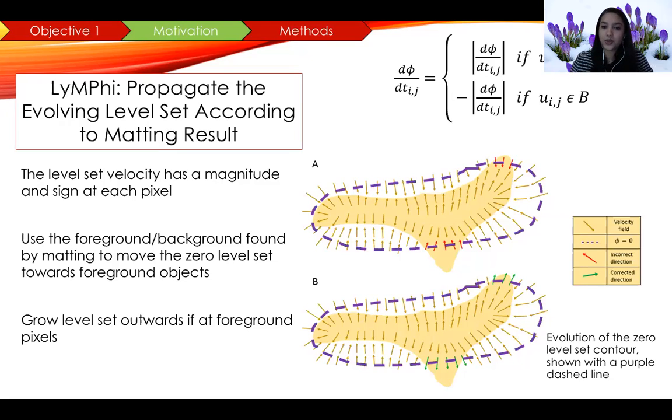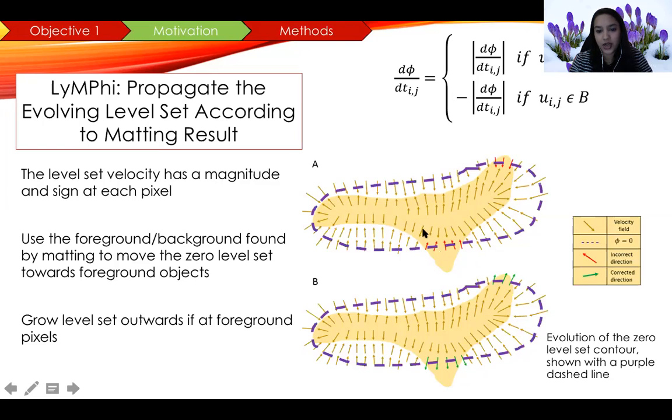The figure shows the process in detail. At time t, the original velocity field, calculated from the TuFF forces, is shown by brown arrows. The yellow shape here represents the calculated foreground from the hierarchical image matting. In A, the red arrows represent an incorrect direction for curve evolution.